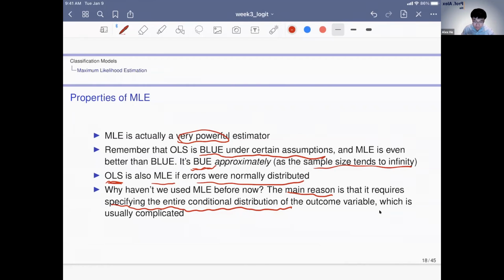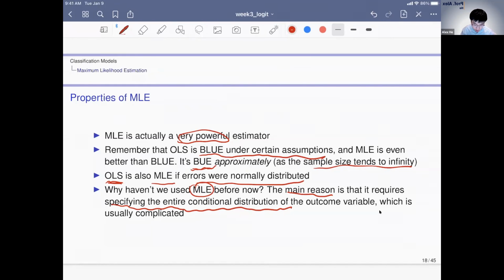And whatever distribution you use, even though the normal distribution is the easiest, it's still usually very complicated to do the maximum likelihood and estimate that, especially in the old days when computers were not as great. Now it's actually used more often, like the maximum likelihood and also GMM, which is a more complicated version of this.